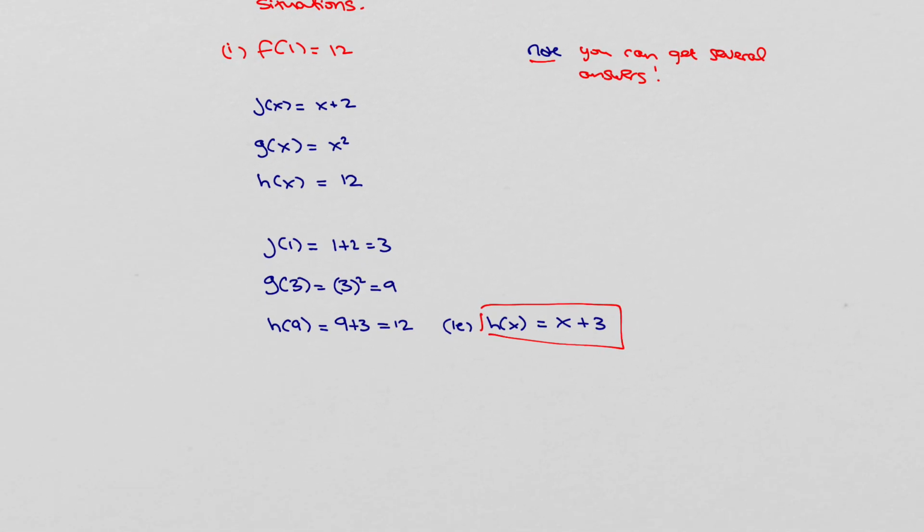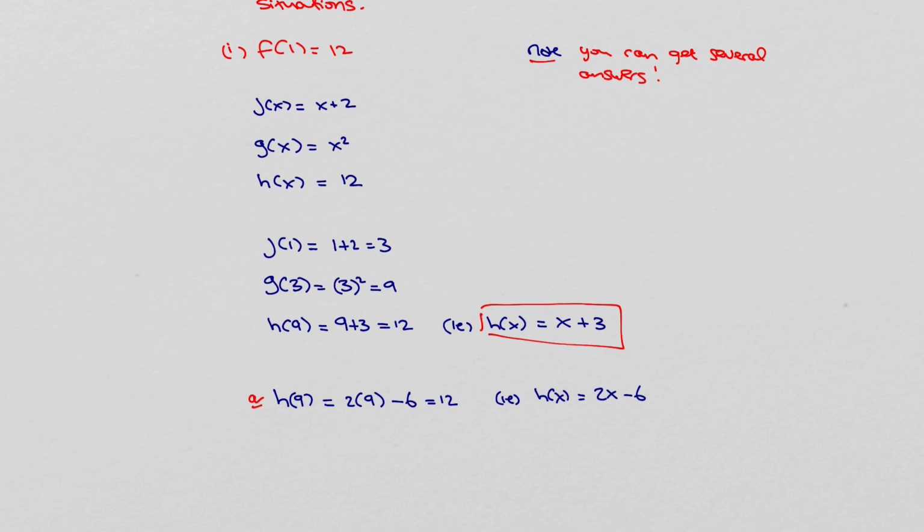But I could have also said that if I put 9 into h and I get an output of 12, well, I could double 9, which would give me 18, and then I could subtract 6 from that, and I would still get 12. And in that case, then, h of x would be defined as doubling my input and subtracting 6.